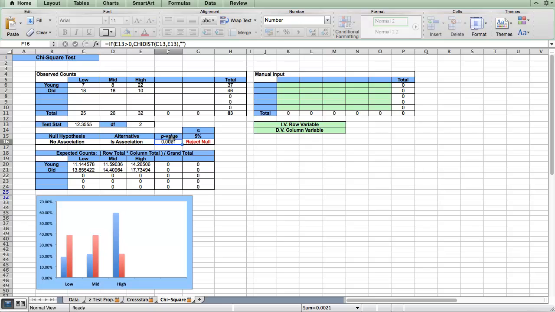In fact, it's less than 1%. So we could conclude here very strongly that the age category has a highly significant effect on the percentage of spending category. You're much more likely to be in the high category if the home is a young home.